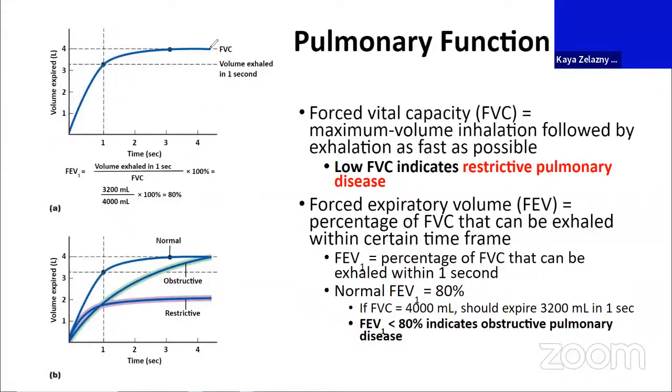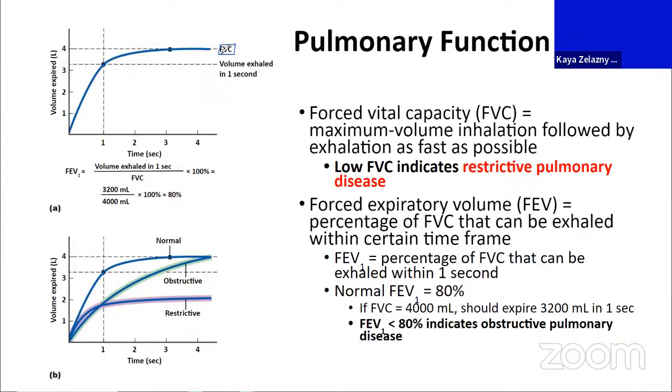Okay, so for your forced vital capacity, you take a maximum volume inhalation, so breathe as much in as you possibly can, and then you exhale as fast as possible. The forced vital capacity is going to be that total amount of air that you move through that entire out breath, right? So what we're measuring here is how much air can you move in total? So that total volume expired is our forced vital capacity.